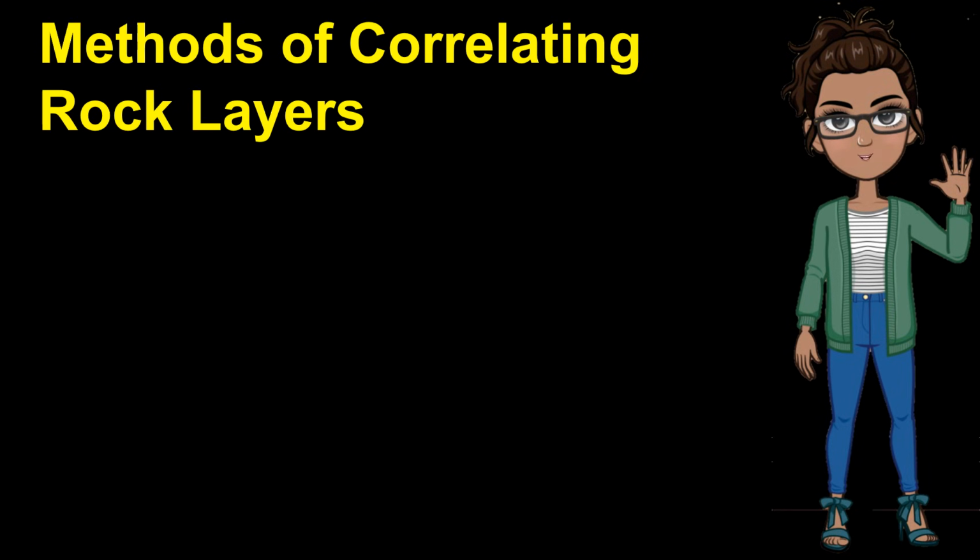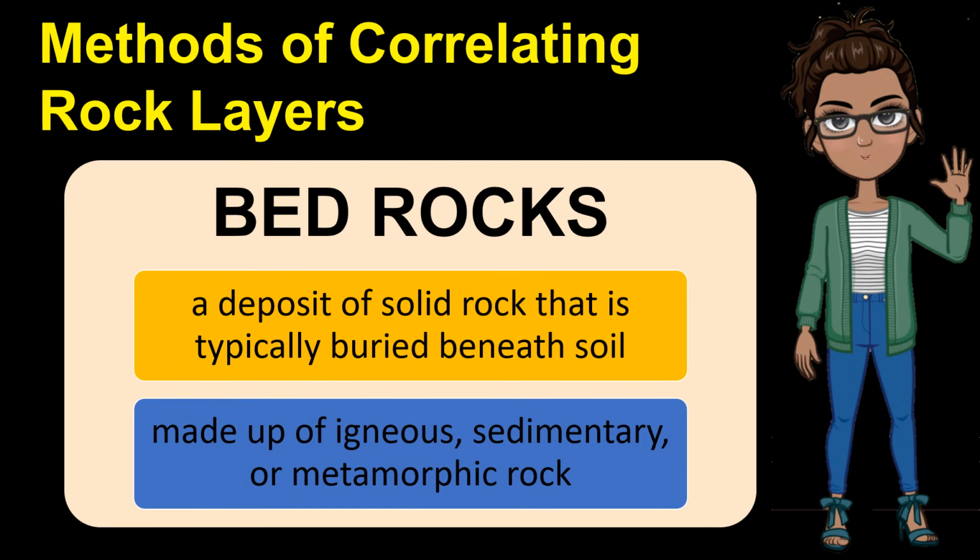Number 3 is bedrock, a deposit of solid rock that is typically buried beneath soil and other broken or unconsolidated material or regolith, made up of igneous, sedimentary, or metamorphic rock, and it often serves as the parent material for regolith and soil.